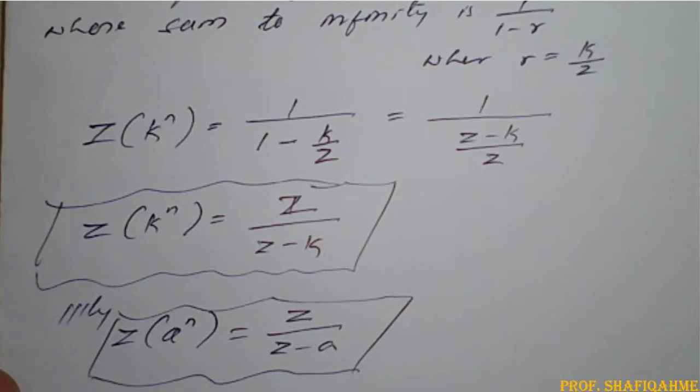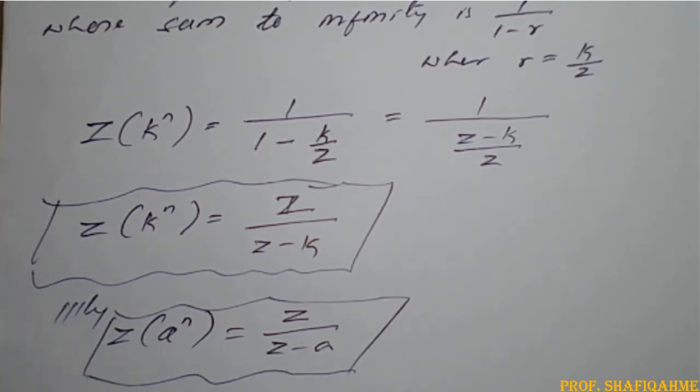So this is the first standard function of our Z transform. Using this only, we'll derive many of the standard results here. So we'll see some of the standard results.